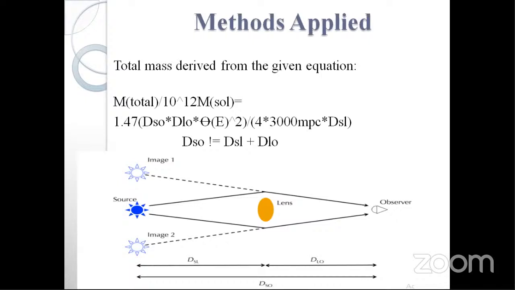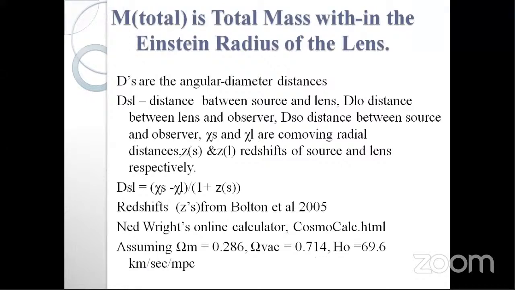Now, here we have calculated these D's, the angular diameter distances, using the Net-Wright calculator, an online calculator, assuming the following: omega matter to be 0.286 and omega vacuum 0.714, and H0, that is the Hubble constant, as 69.6 kilometers per second per megaparsec.